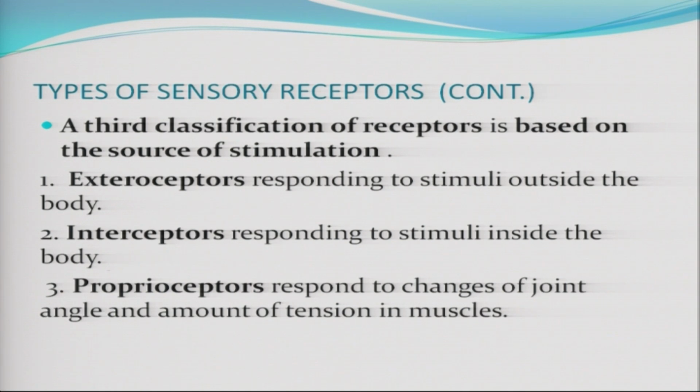Now, a third classification of receptors is based on the source of stimulation. We have three types of receptors according to the source of stimulation. We have exteroreceptors. Those exteroreceptors respond to the stimulus that comes from outside.